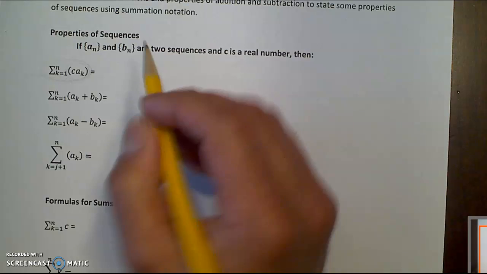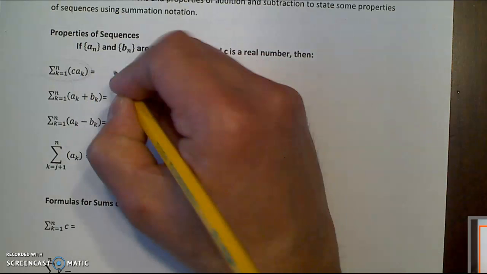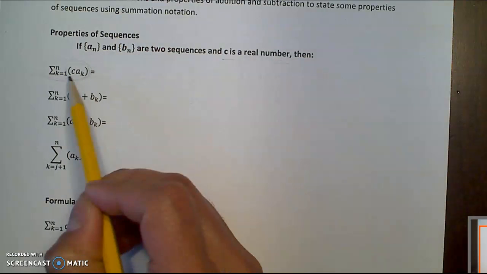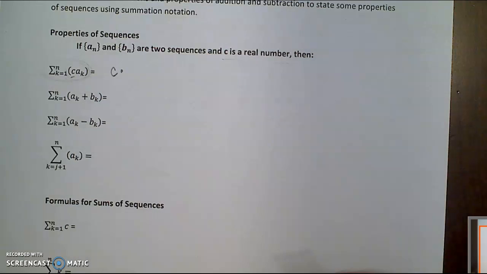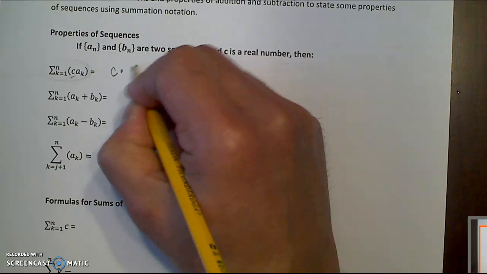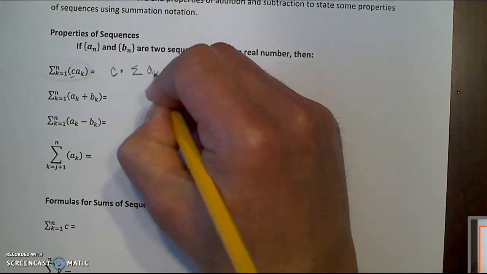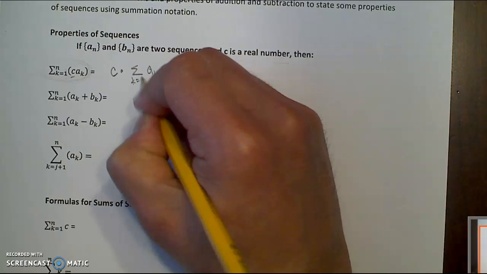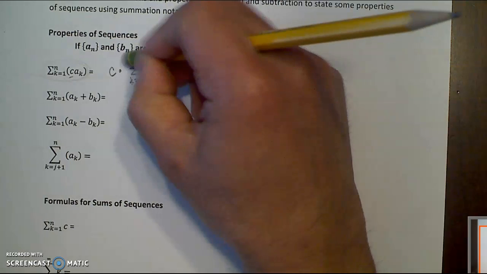The property that goes with this summation is that, remembering that c represents some real number constant, we take that c constant out of the summation, and multiply it by the summation of the k terms, where k equals 1 to n.